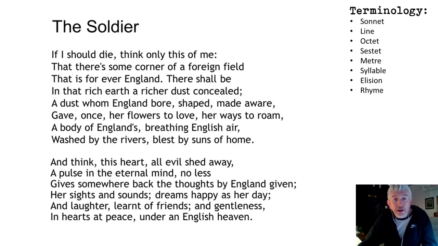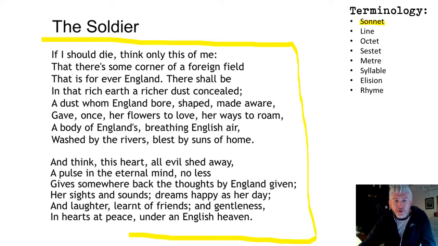Here is The Soldier poem that we've been looking at, the Rupert Brooke poem that we looked at yesterday, and obviously the first thing to do is just go through some of the terminology so we are feeling a little bit more comfortable with these words. First of all, the first term is sonnet, and in this case, the sonnet is the whole poem.